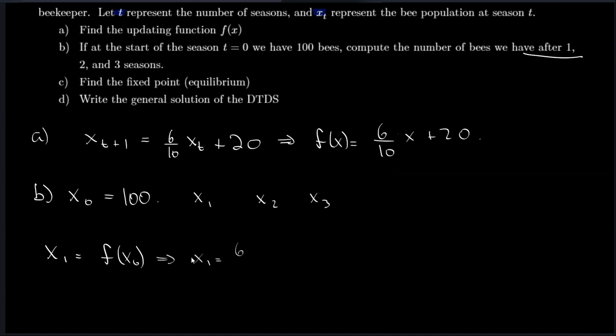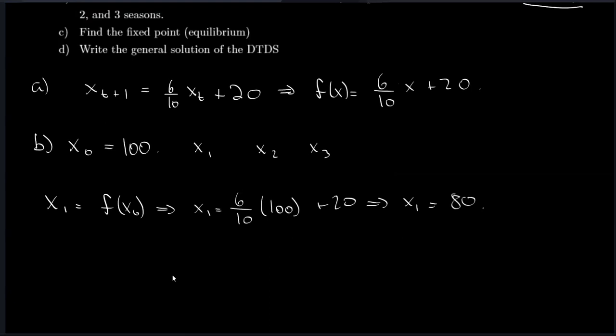X1 is equal to 6 over 10 times 100, that's 60, plus 20, which is 80 bees. So X1 is 80.